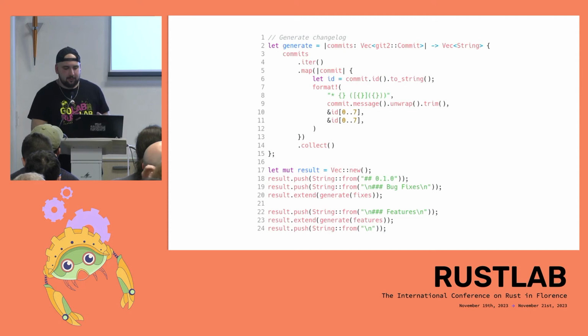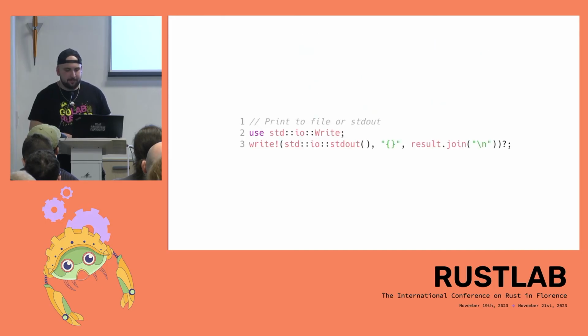I decided to go with an inline function because I didn't want to create another function, but yeah, just some opinionated implementation at this point. And finally, we just print out to stdout, joining the vector of strings.